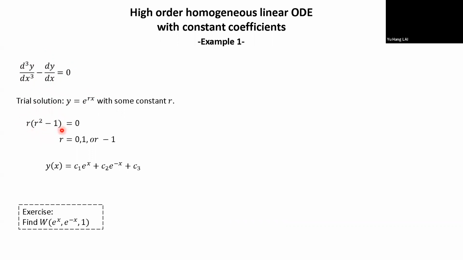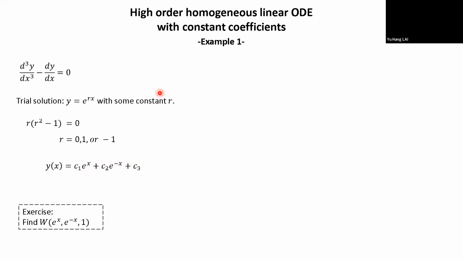This time, the equation for R is not a quadratic equation, but a cubic equation. Whenever you have a cubic equation, of course you have three roots. So here we indeed have these three roots, and then the general solution would be a linear combination of these three solutions.